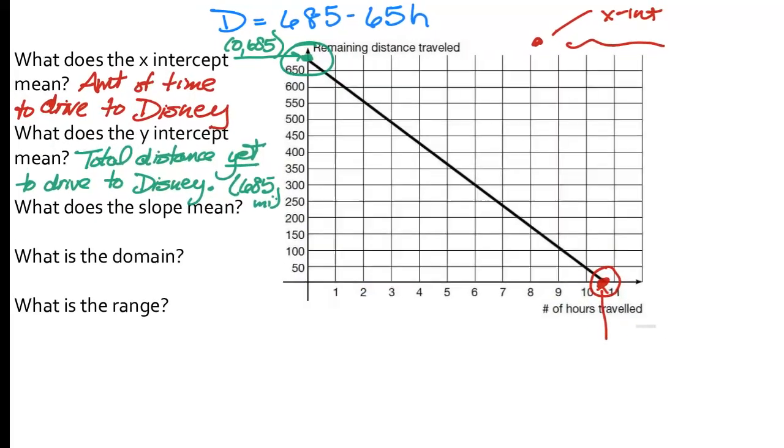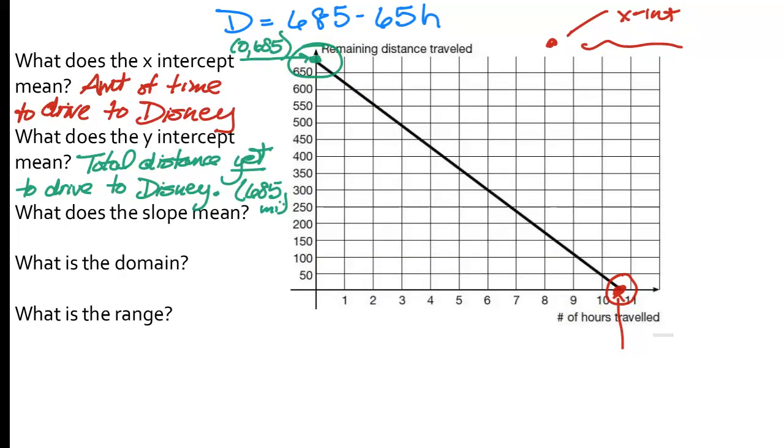What does the slope mean? First of all, talk to me about the slope. Okay, and? Probably like the distance, like d equals 685 equals 65h, like the example of y equals mx. You're saying a lot of stuff in there.